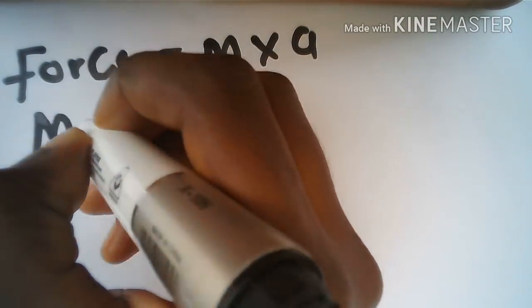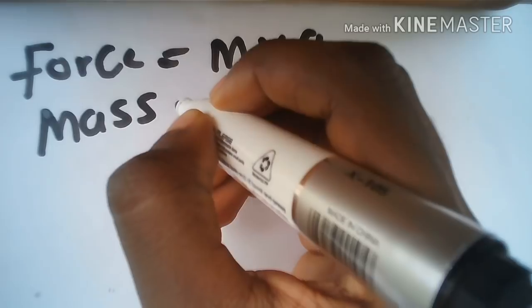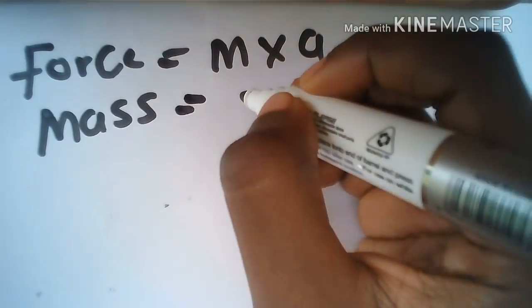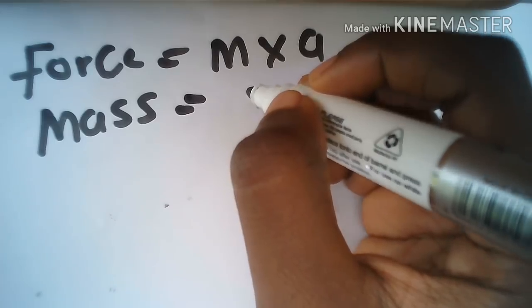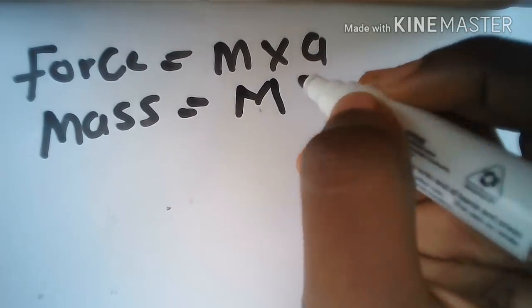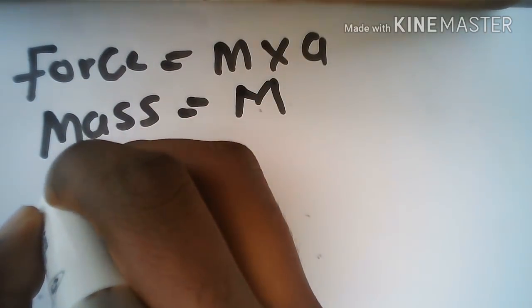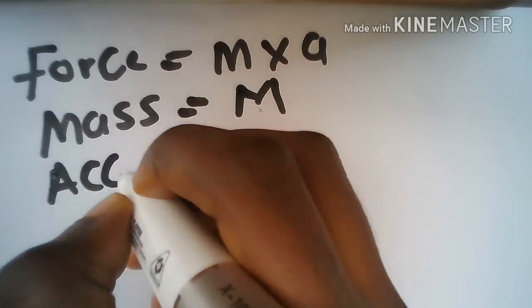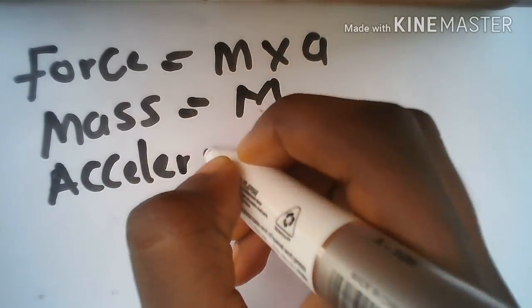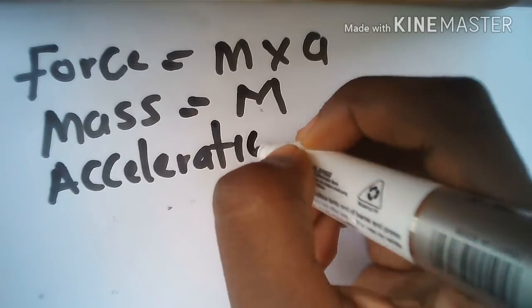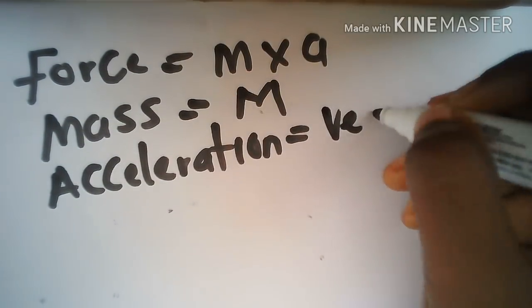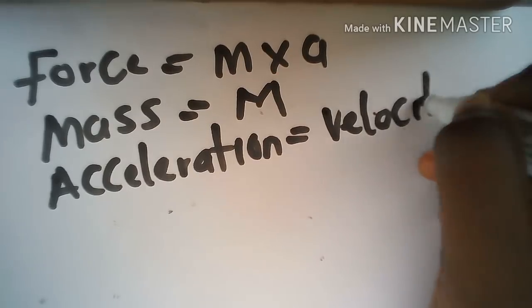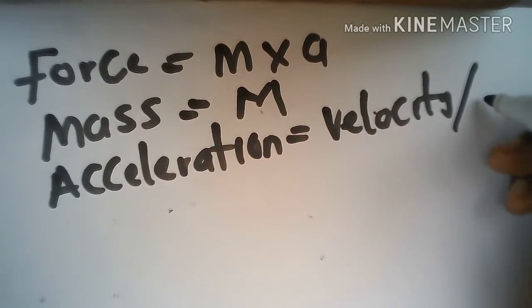Then we know mass is a fundamental quantity and it's denoted with the unit M, and the acceleration, which is a derived quantity such as force, can be gotten from its formula: velocity over time taken.